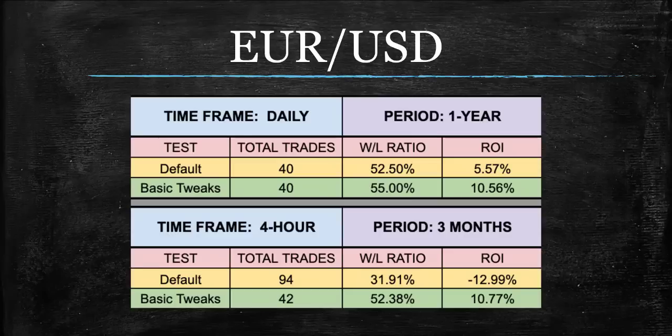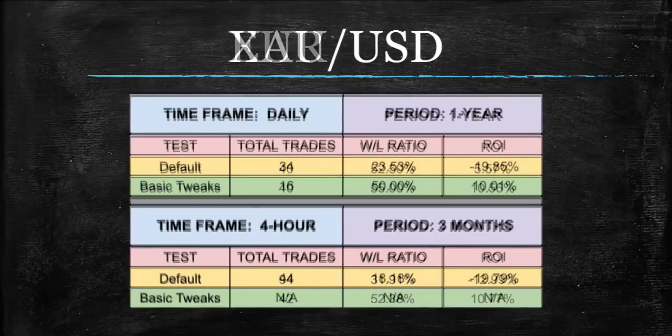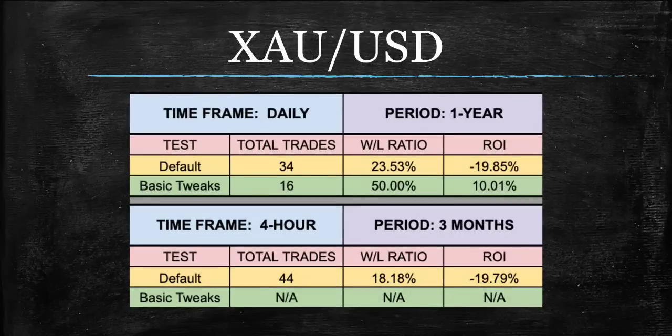I thought that was interesting because remember, I used to always test these things by hand, and rarely would this phenomenon ever happen to me, but in one tiny little tweak upwards, he was able to get almost double the ROI, which I thought was really cool. Now on to gold, which historically in this indicator profile series has always been the wild card, and today is no different. So pretty nice after the tweaks on the daily. On the 4 hour is where things get squirrely, as they have in the past. Just couldn't find anything good. This thing just does not give you much as a gold trader.